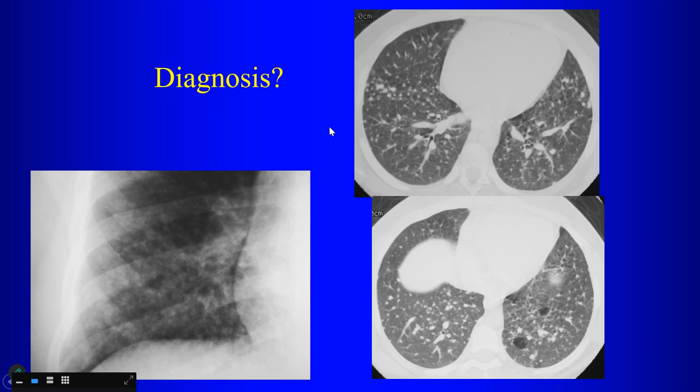Perilymphatic. Why do you say perilymphatic? Because it goes all the way to the pleura. Yeah, they touch the pleura, right? But that could also be random. So why do you say perilymphatic? Well, here, it looks like they're outlining what?